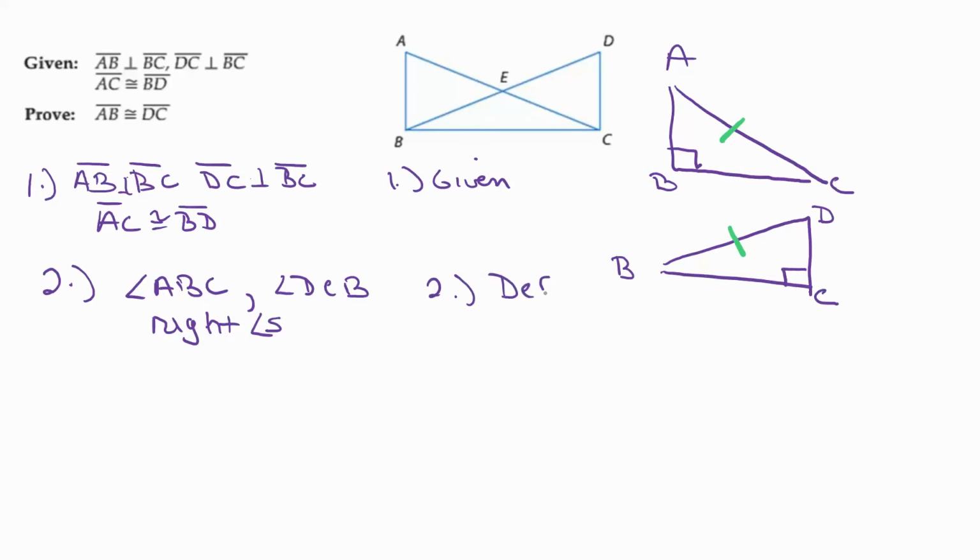And this is by definition of perpendicular. We also notice that they both share a common side, which is BC. So we can say that BC is congruent to BC, and that's by reflexive.